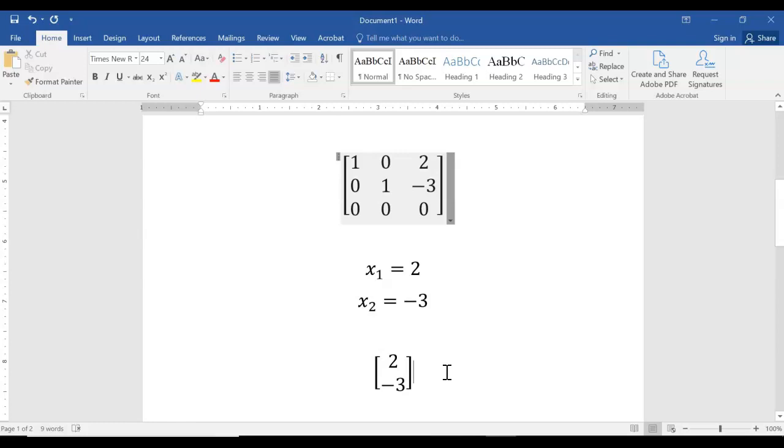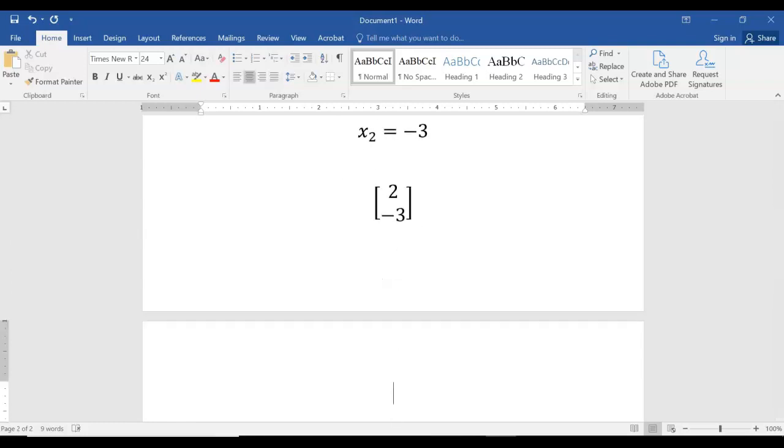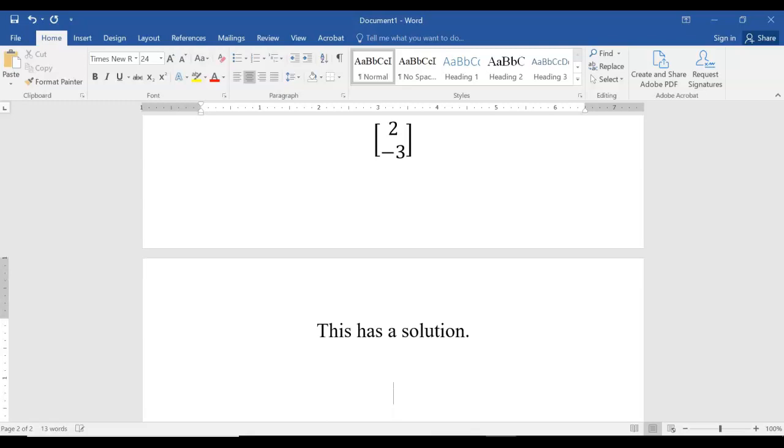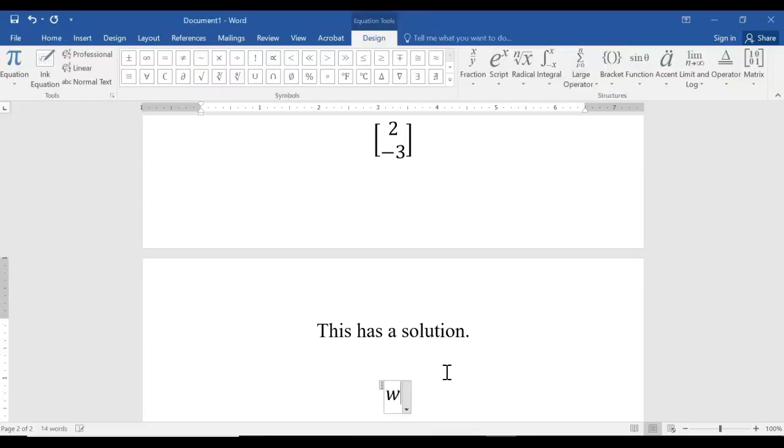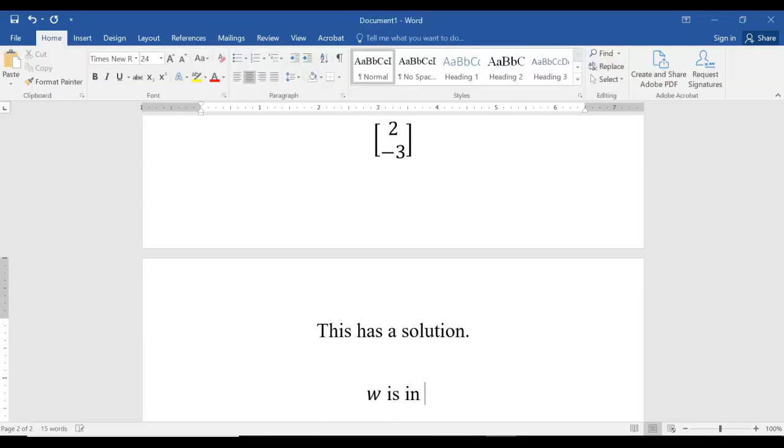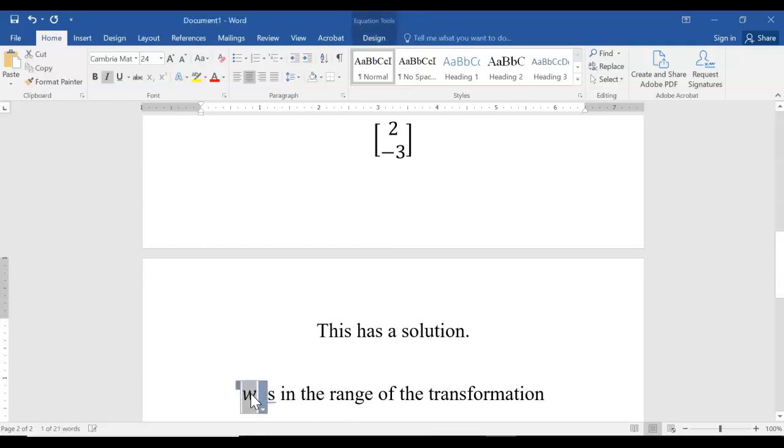As long as it has a solution, I don't really care what it is, but this has a solution. Therefore, W is in the range of the transformation. All right, so that's all we really need, that it has a solution.